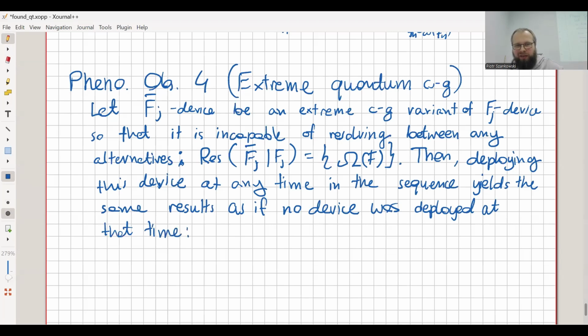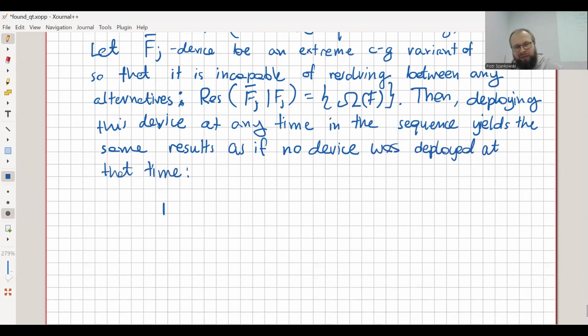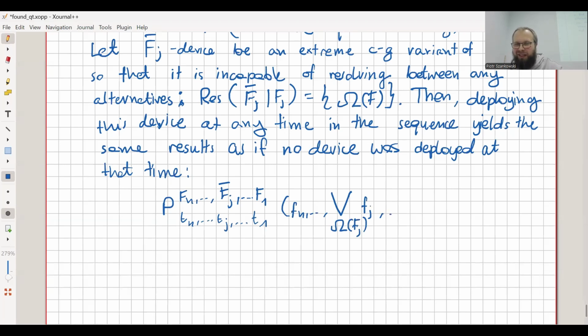So in formulas, P, and now we deploy our FJ, which is a stupid device, and we do extreme coarse graining. So we have our alternative over all possible fine-grained results. This is actually the same as not doing any measurement at time tj.